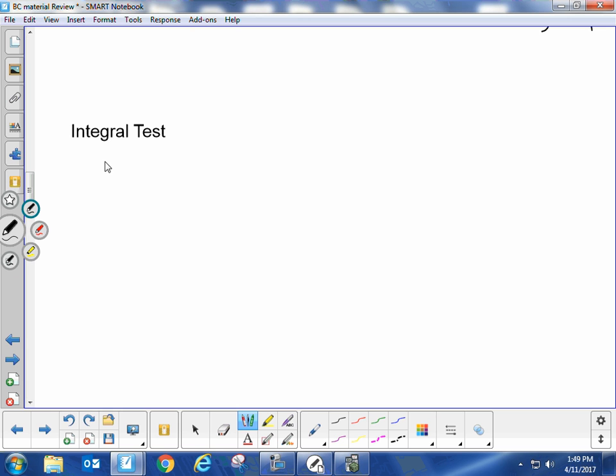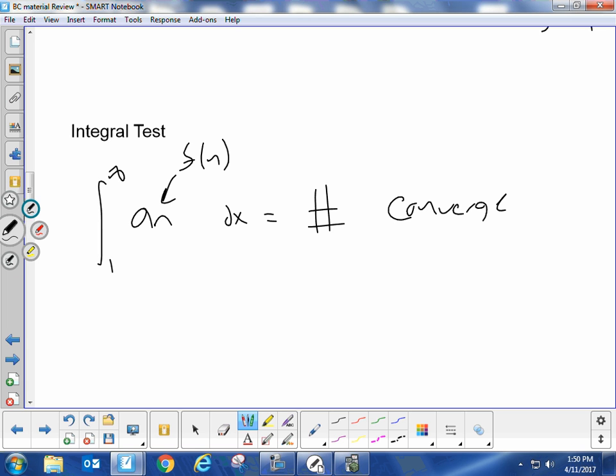A way that you can show that the harmonic series is divergent is using the integral test. Integral test says if the integral of a sub n, just written as some function, equals a number, then we say we converge. If this is going to approach infinity, we'll diverge.